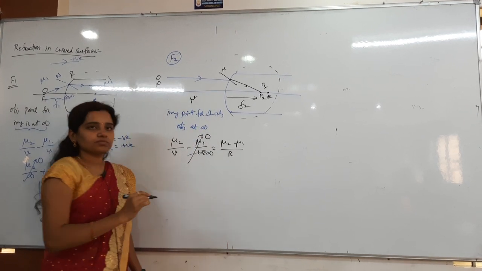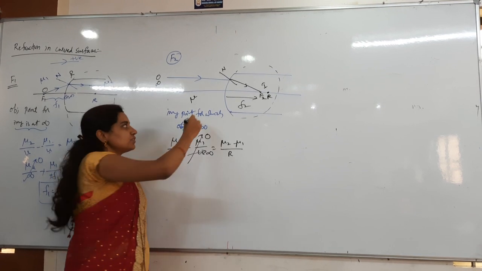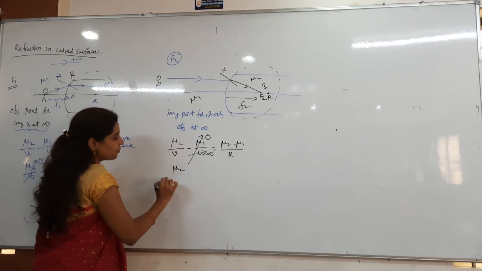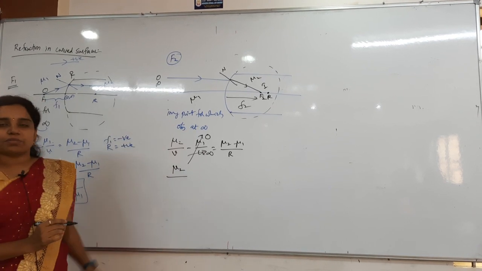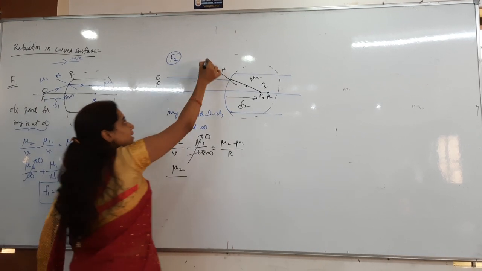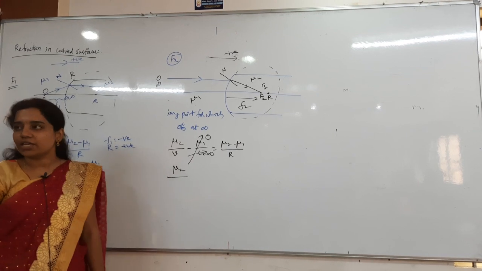This is mu1, because the object is kept in that medium, whatever the distance might be. This one is mu2. So here mu2 divided by v, the value is F2. Positive or negative? Positive. Why? Because the right side is positive again, because the incident ray is coming from left to right only.